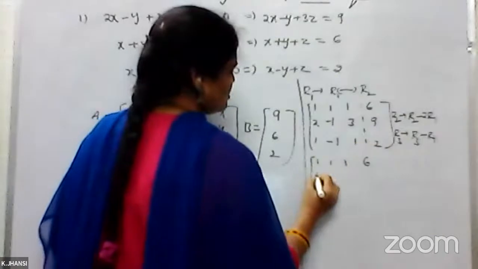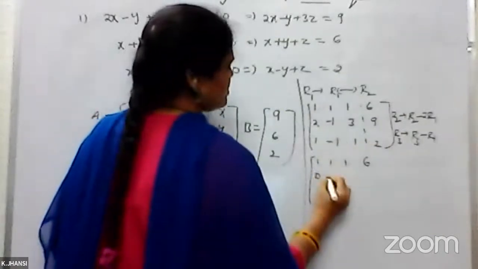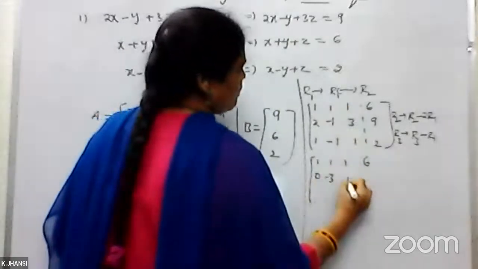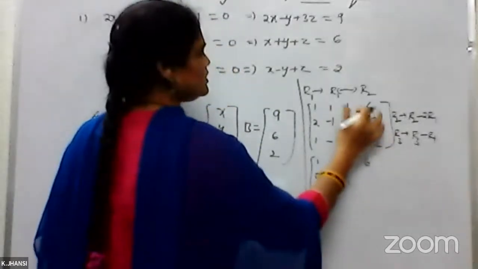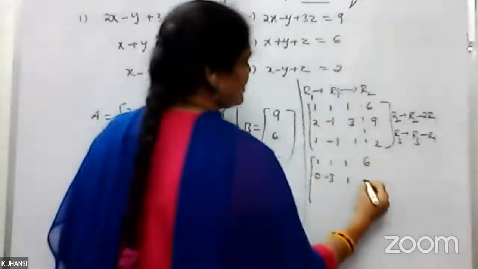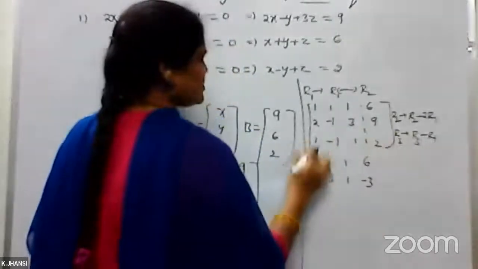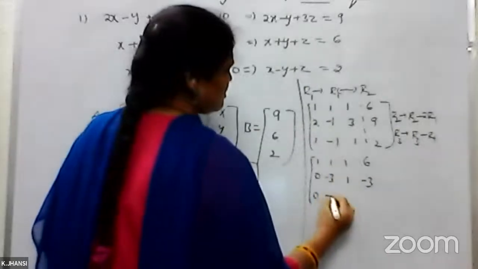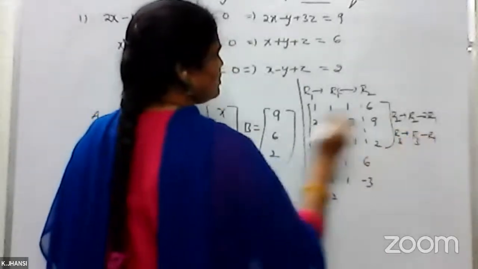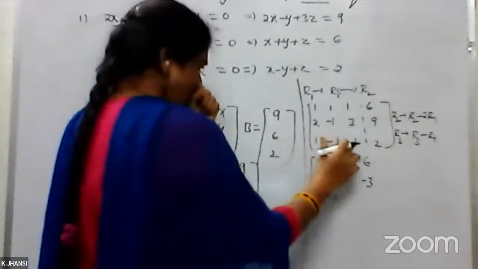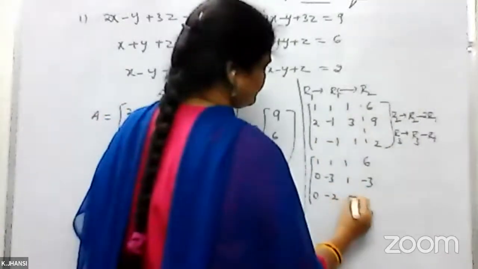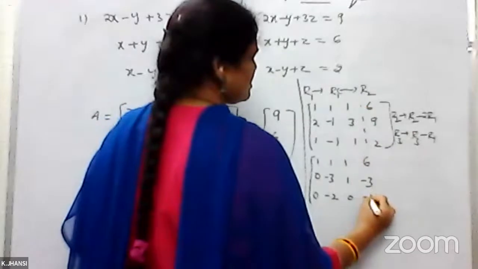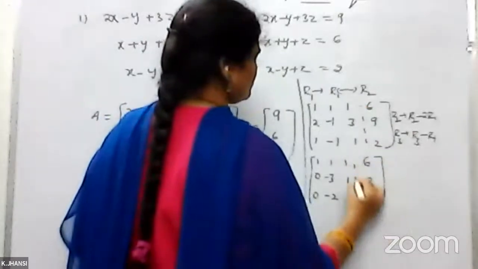Then 2 minus 2 is 0, minus 1 minus 2 is minus 3, 3 minus 2 is 1, and 6 minus 12 is minus 3. Next R3: 1 minus 1 is 0, minus 1 minus 1 is minus 2, 1 minus 1 is 0, and 2 minus 6 is minus 4.